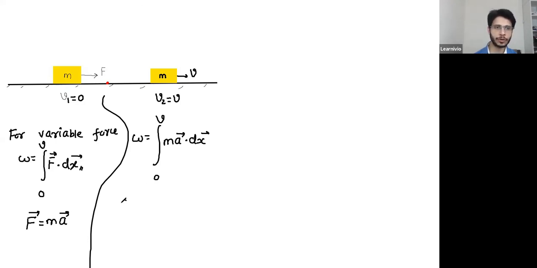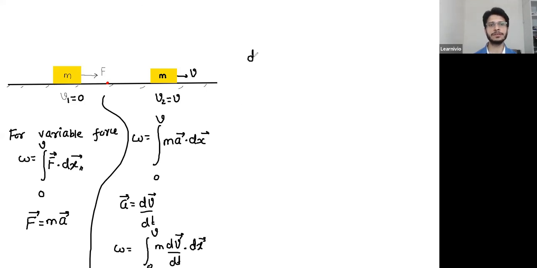In the next step, you can write your acceleration as dv over dt. Instead of a, you can simply write dv over dt. And the expression of work done comes out to be 0 to v, m dv over dt dot dx.